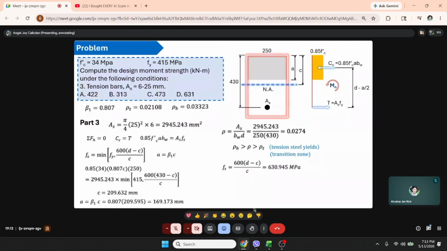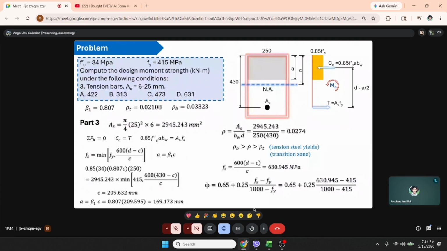So Fs uses the formula 600 times D minus C over C. 630.945. We need to check if it is lower than Fy of 415. Since it is not, as indicated earlier, it yielded. So we will use Fy instead.